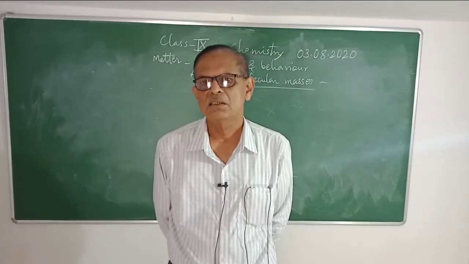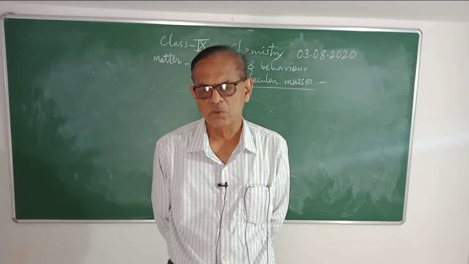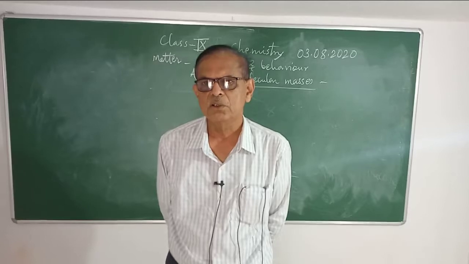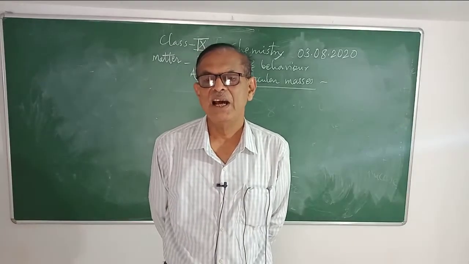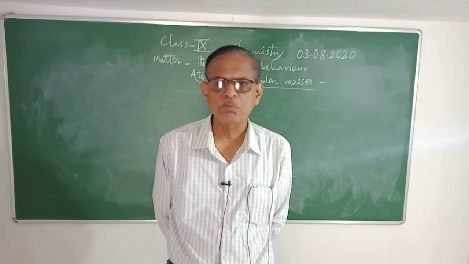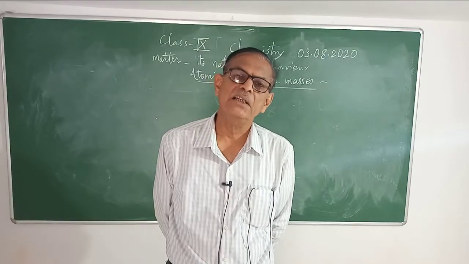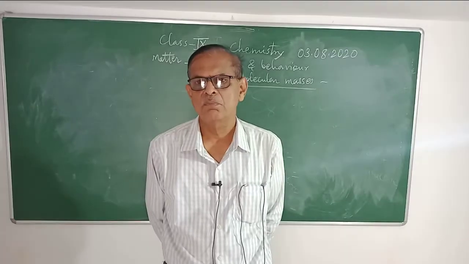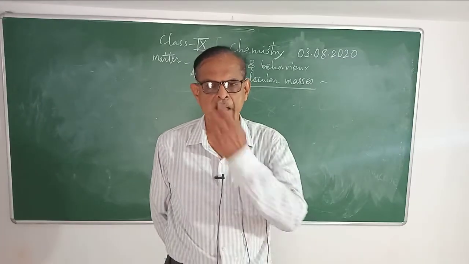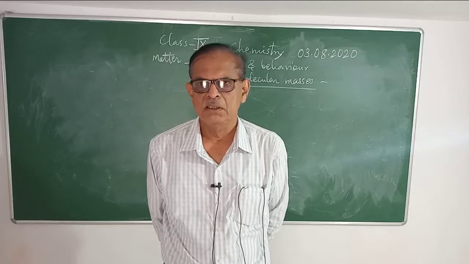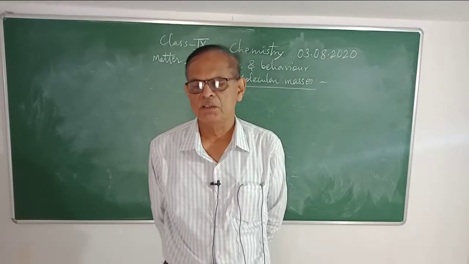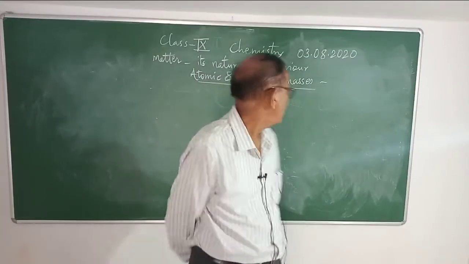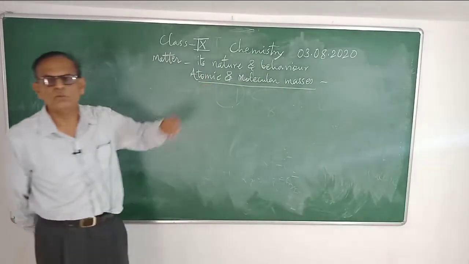Then octaatomic, for example the sulfur molecule: S means atom of sulfur, and S8 is the molecule of sulfur, and thus the sulfur molecule is octaatomic. In this way we have defined atomicity.